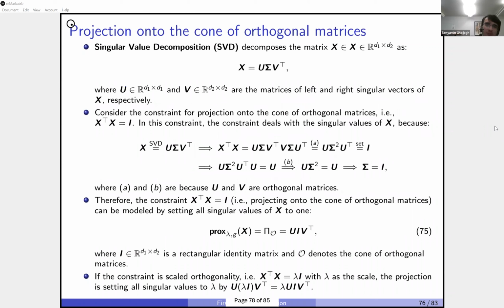Okay, we also have projection onto the cone of orthogonal matrices. This is also useful in many cases, at least in the areas that I know. In machine learning, you see it a lot, especially in spectral methods, spectral dimensionality reduction, spectral clustering. For example, in spectral dimensionality reduction such as PCA, principal component analysis, in Fisher discriminant analysis, also called linear discriminant analysis, in local linear embedding, maybe Isomap and MDS, multidimensional scaling.